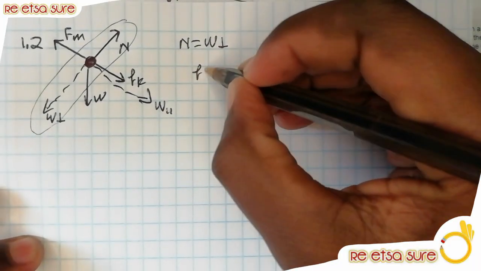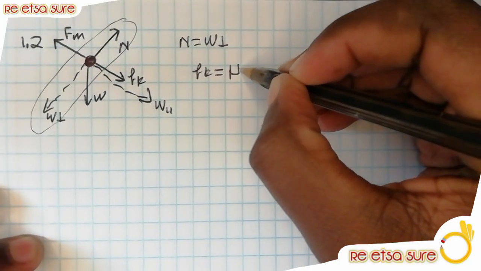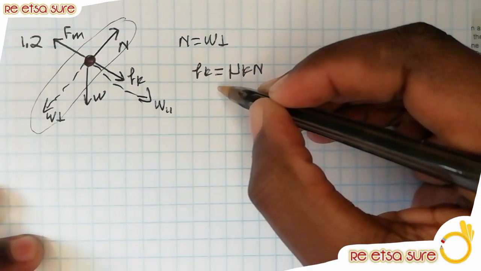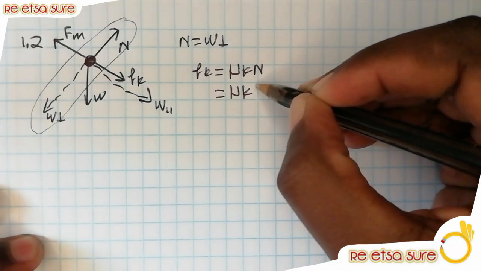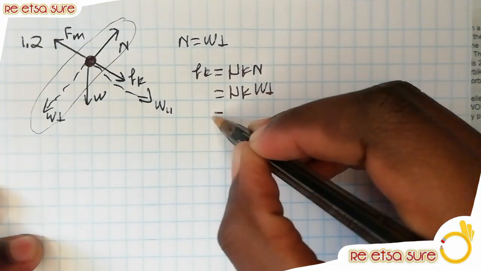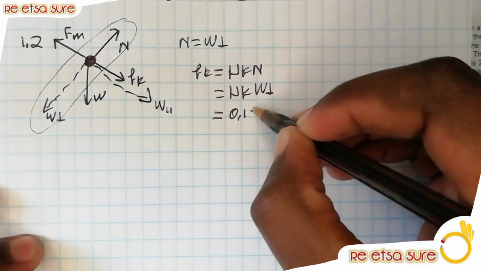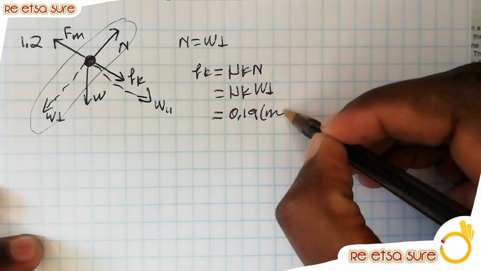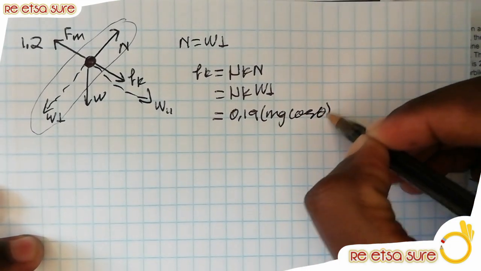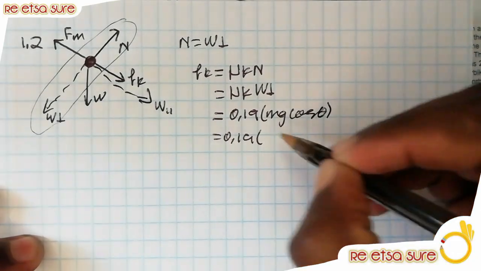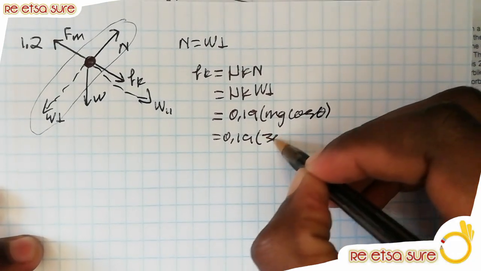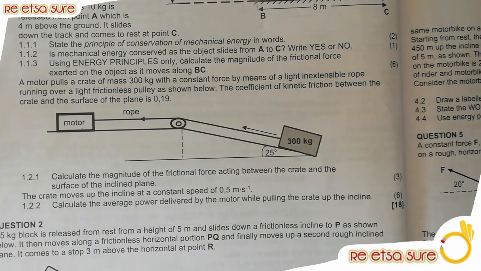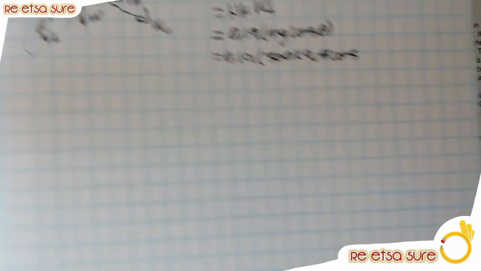So in order for us to calculate the frictional force, we're going to multiply the coefficient of kinetic friction with our normal force. But then we know that our normal force is equal to weight perpendicular, right? So they told us that it is 0.19 times weight perpendicular, which is mg cos theta. 0.19 times the mass of our object, 300 kilograms, times 9.8 cos of 25 degrees.